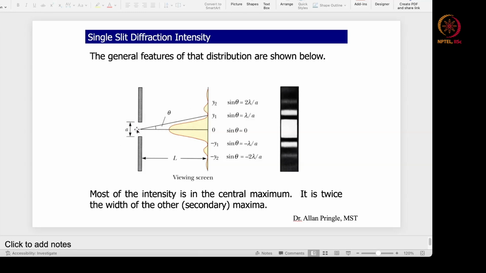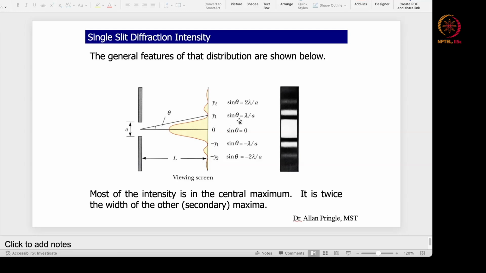So you can see that at sine theta equal to 0, the central beam, you get the maxima, and most of the intensity is at the maxima. It is twice the width of all the other maxima that you see, and progressively the other fringes lie at, these are basically the destructive fringe locations, as we saw already.